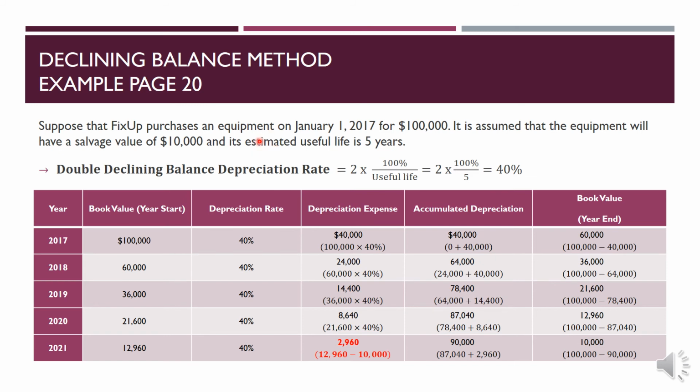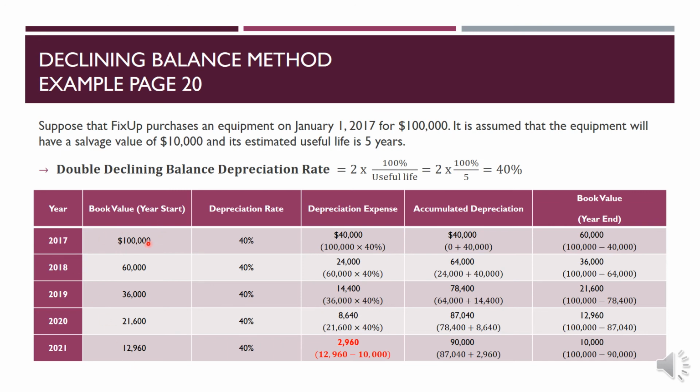The company purchased an equipment in 2017 for $100,000. The salvage value is $10,000 and the useful life is 5 years. If we need to calculate the double declining balance depreciation rate, it will be 2 times 100 over useful life, and that is 40%. So we start with the book value at year start.